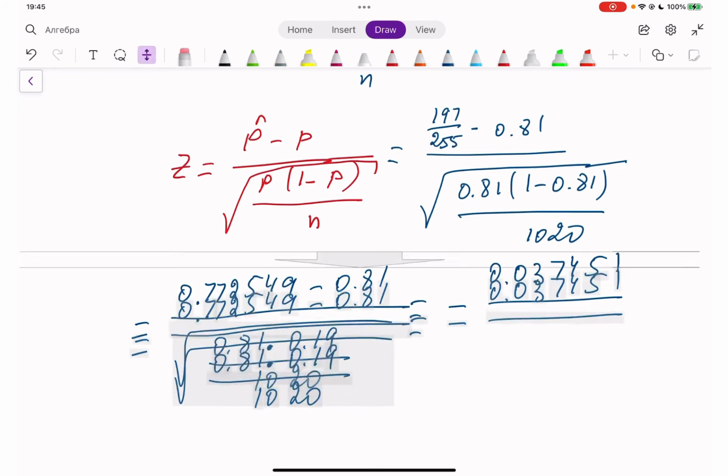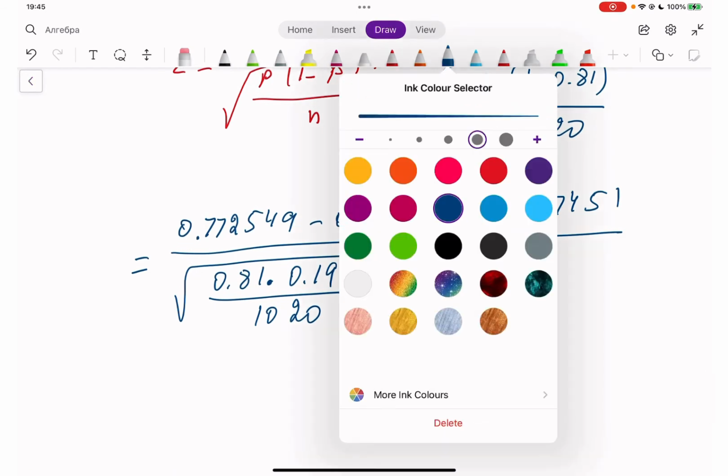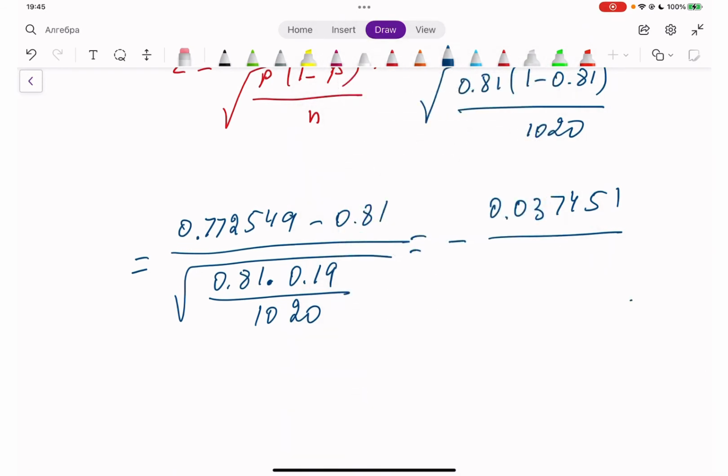Okay, and we are dividing by 0.81 times 0.19. I'm writing every single step so you won't make any mistake. Dividing by 1020. Now let me divide by 1020.